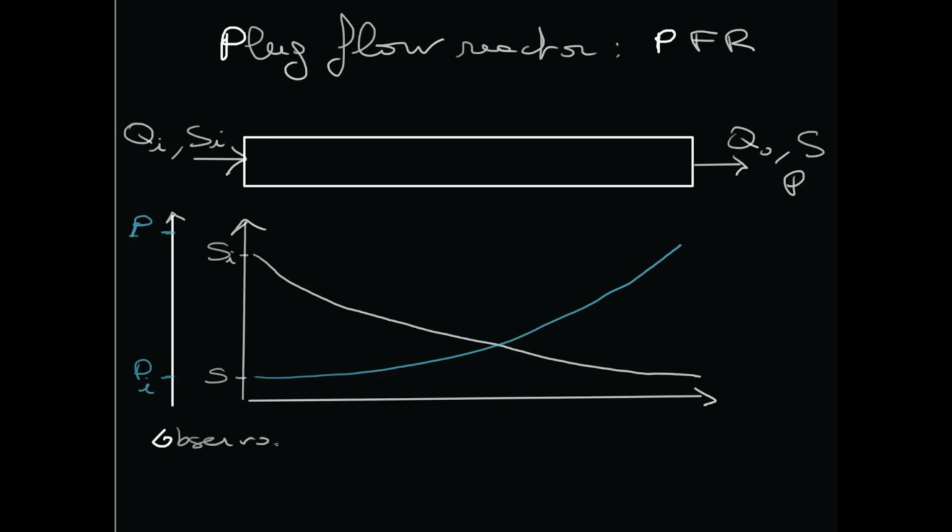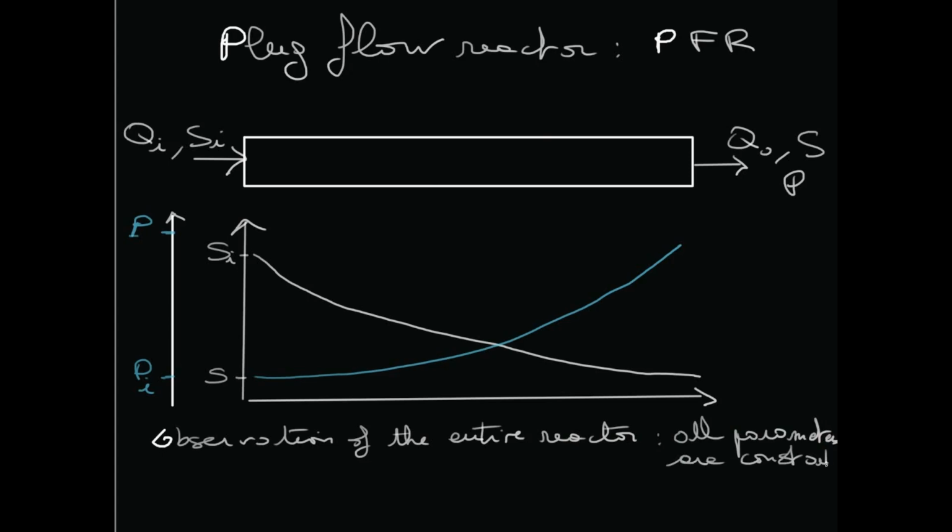If we have an observation of the totality of the reactor, of the entire reactor, we can say that all parameters are constant during the time. There is always the same concentration at the entrance and at the output of the reactor.